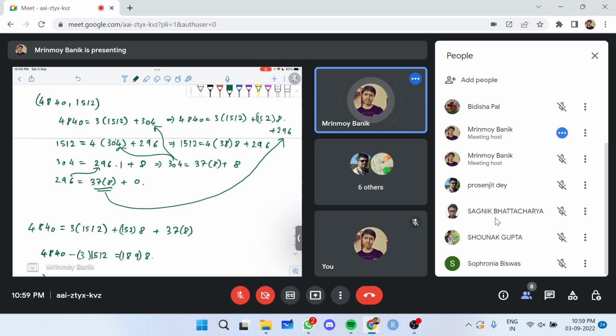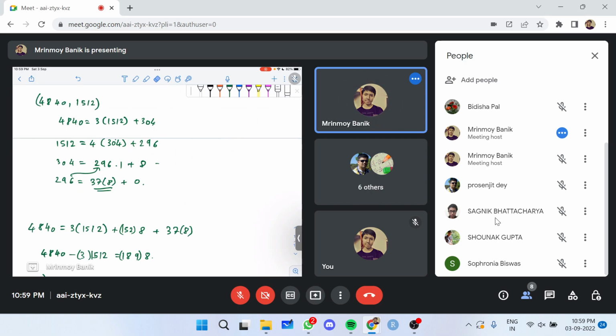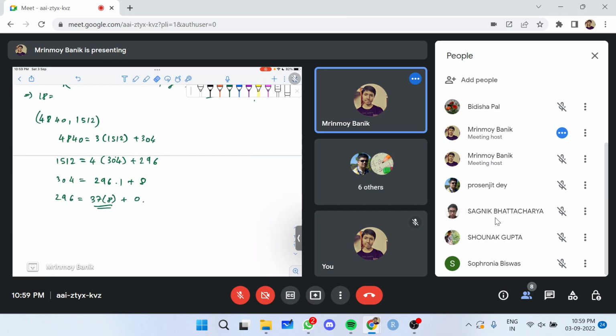Okay, so sorry, instead of doing it this way, instead of substituting from the bottom up, we have to substitute 304 into here.